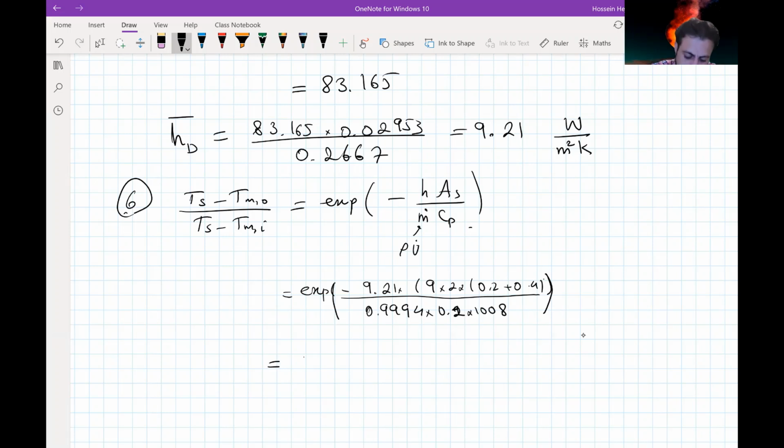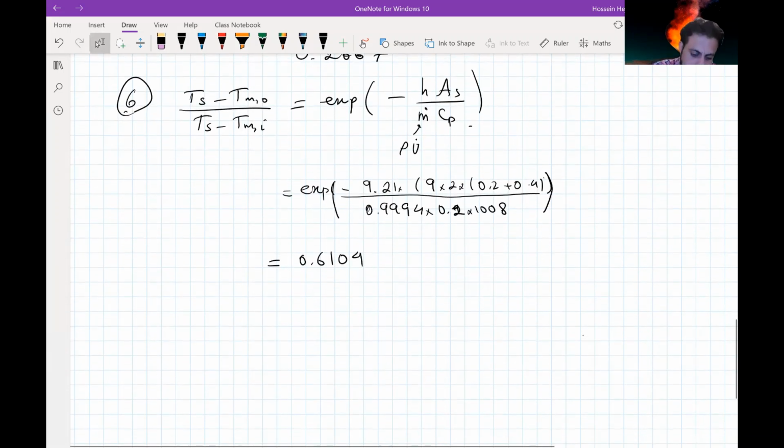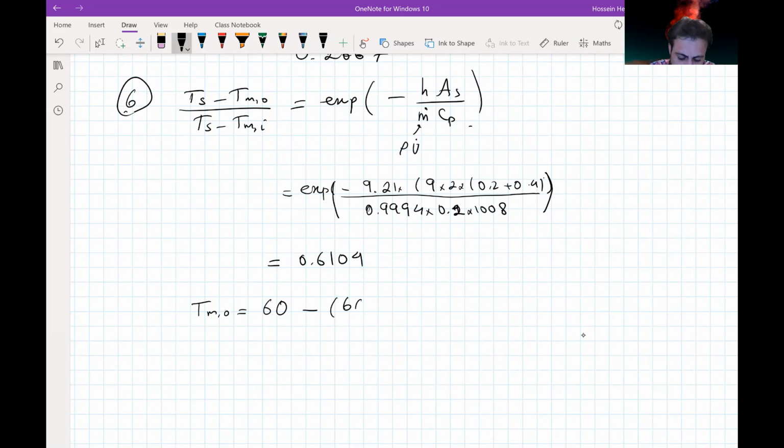So we get 0.6104. So T_m,o at the end of the duct is 60 plus 20 times 0.6104.